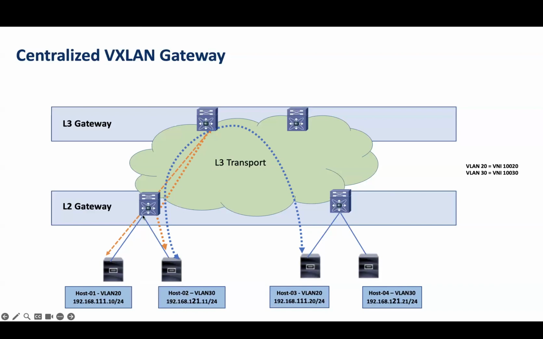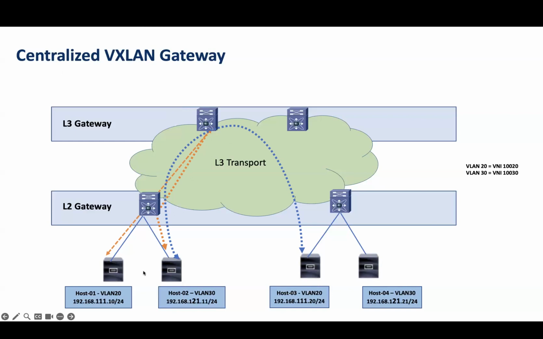First hop VTEP will receive the traffic and bridge it towards layer 3 Vxlan gateway. This particular VTEP is acting as layer 2 Vxlan gateway. Layer 3 Vxlan gateway will perform the routing and forward the traffic towards destination.